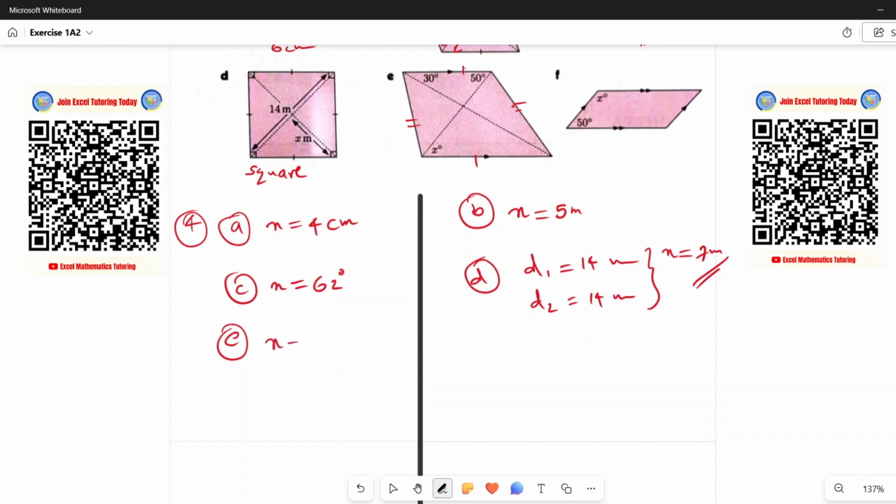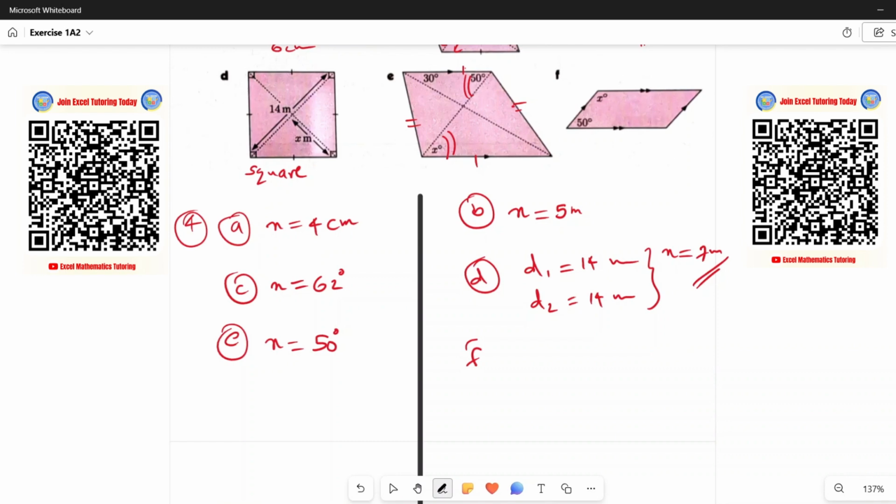One of the properties is that alternate angles of a parallelogram are equal. So these two angles should be equal. These are the two alternate angles. Alternate means, if you draw, it will be opposite on one or either side. So x equal to 50 degree.